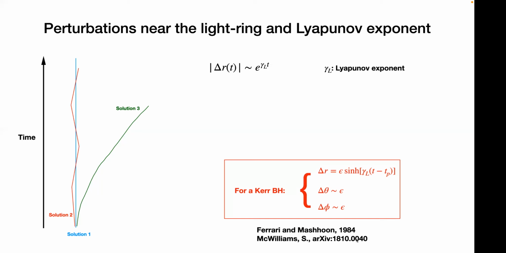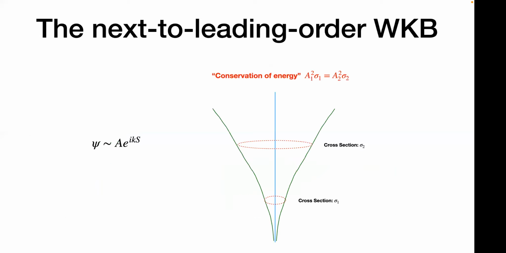So far, my description on this page is fully geometric. But in order to have a better understanding of the Bob model, this picture is not enough. So we should go to the next-to-leading order WKB approximation. At this order, the approximation tells us how the wave amplitude evolves. Let's think of a family of rays whose motion is unstable.